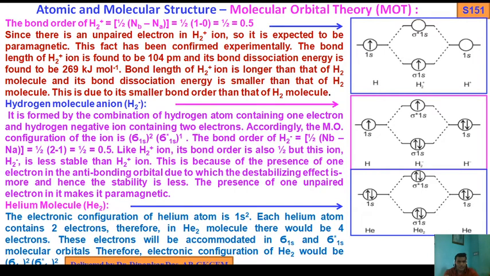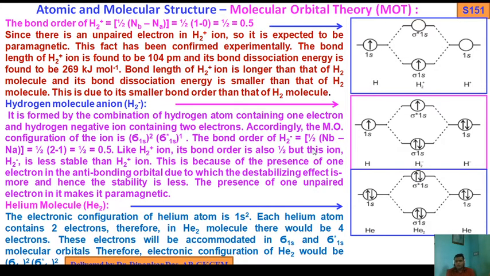Again I tell you, it is formed by the combination of a hydrogen atom containing 1 electron and a hydrogen anion, or negative ion, containing 2 electrons. Accordingly, the molecular orbital electronic configuration of H2 minus is sigma 1s squared, sigma star 1s1.